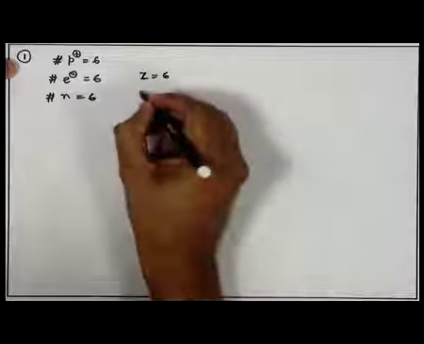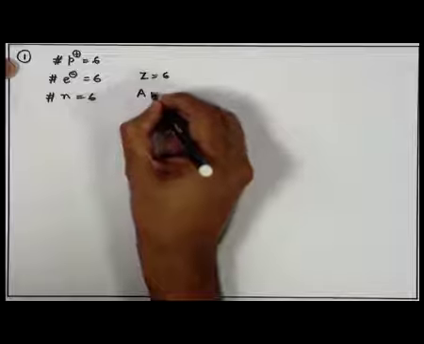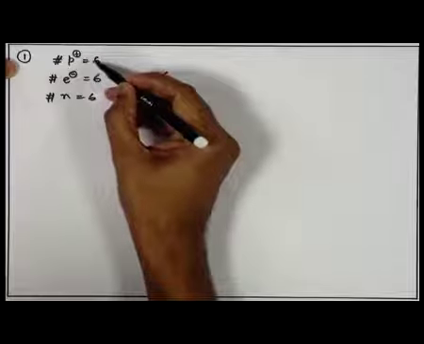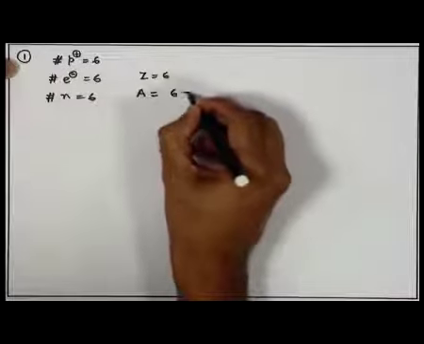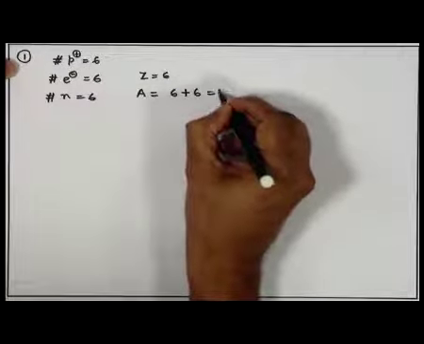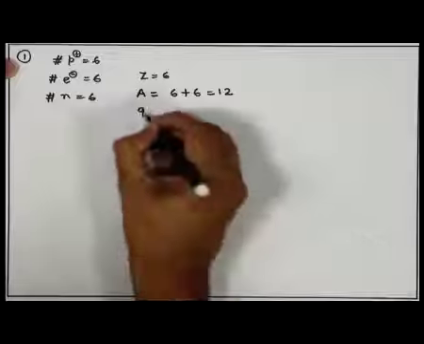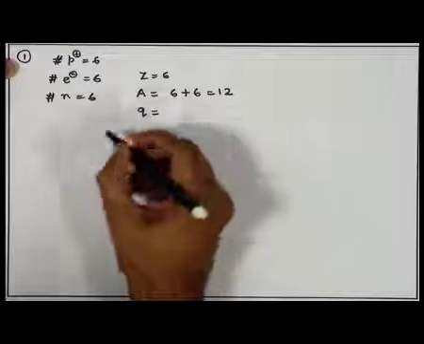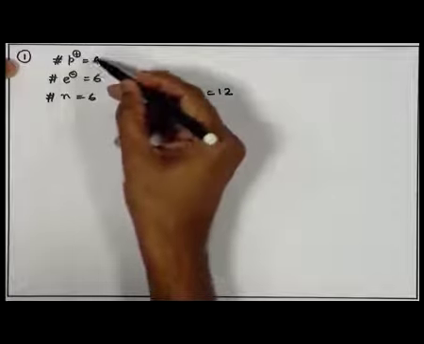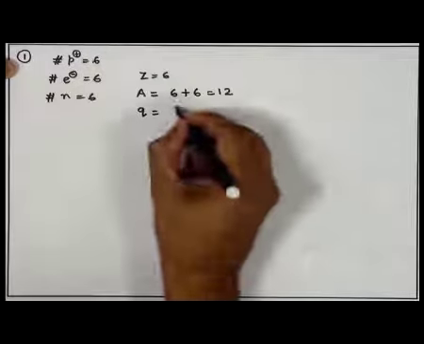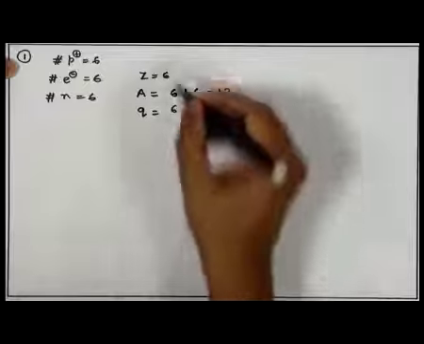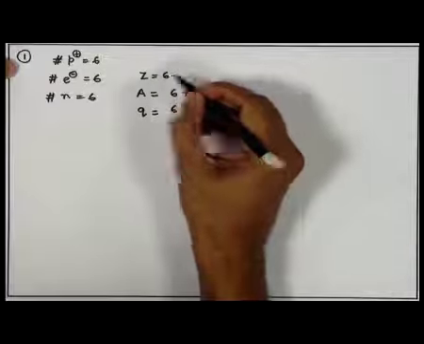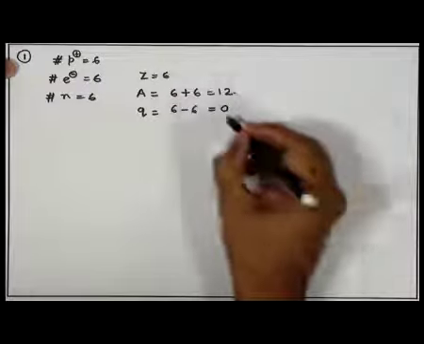The mass number of this atom, A, is number of protons plus number of neutrons. So, 6 protons plus 6 neutrons, that is 12. The charge of the atom is obtained by number of protons minus number of electrons. So, in this case 6 minus 6, and that is 0. So, we have an atom whose atomic number is 6, mass number is 12 and charge is 0.